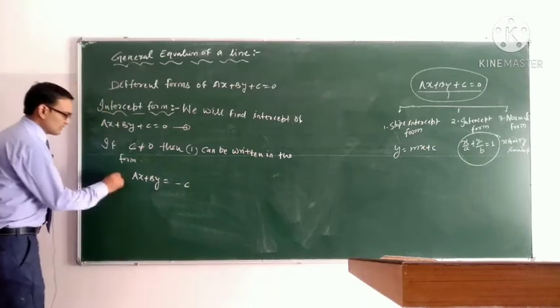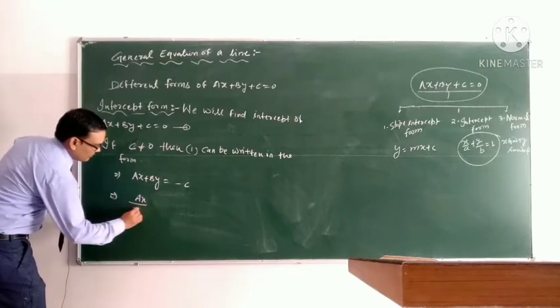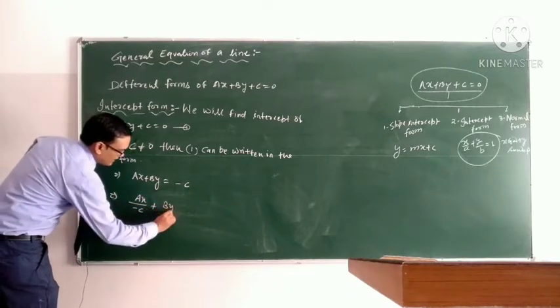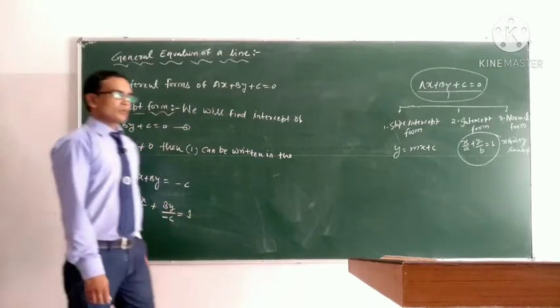This implies that ax upon minus c plus by upon minus c is equal to 1.